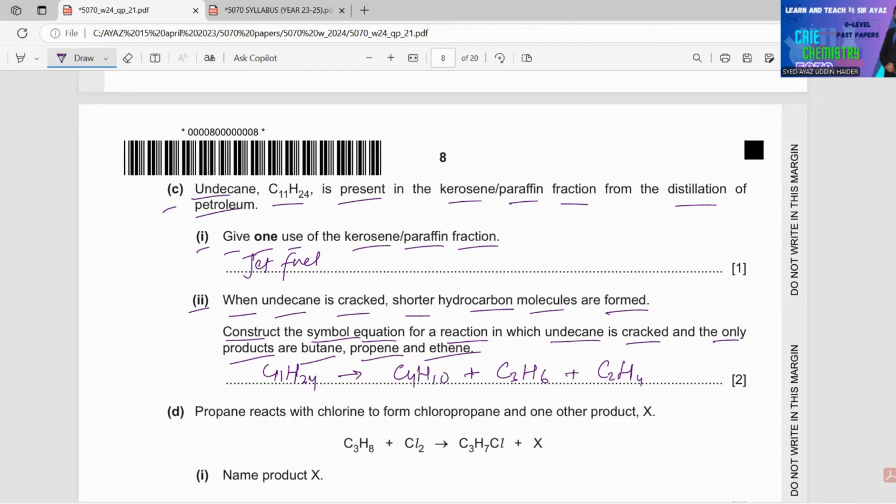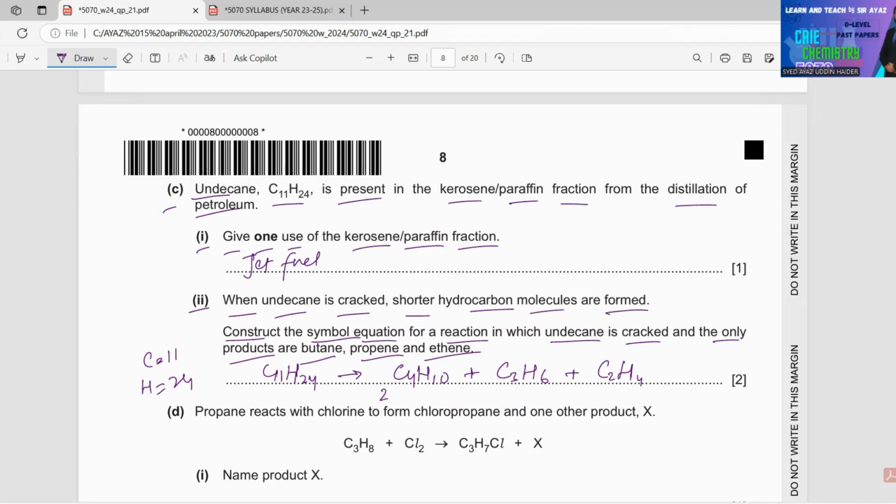So let's count the carbon atoms first. 4 plus 3, 7. 7 plus 2 is 9. So we need to balance the carbon and hydrogen also. If I place 2 before C4H10, 2 multiplied by 4 is 8. 8 plus 3, 11.